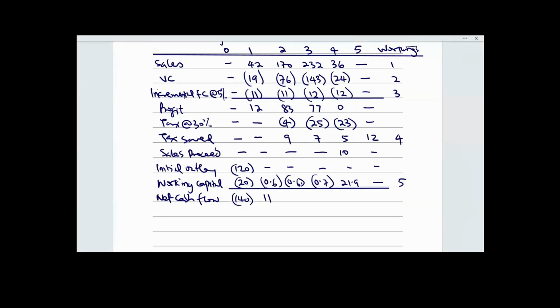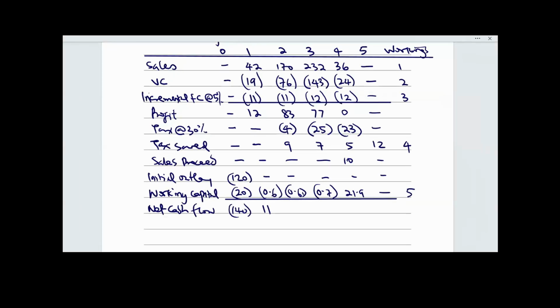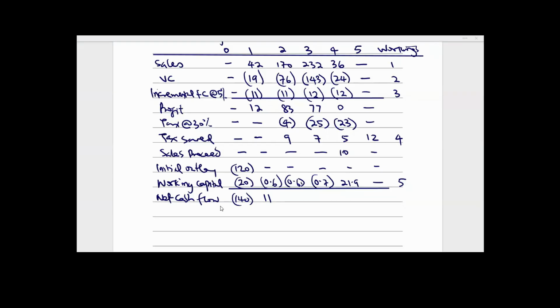Then 83 minus 4 plus 9 equals 88. 88 minus 0.6 equals 87.4. So we can round it to 87.